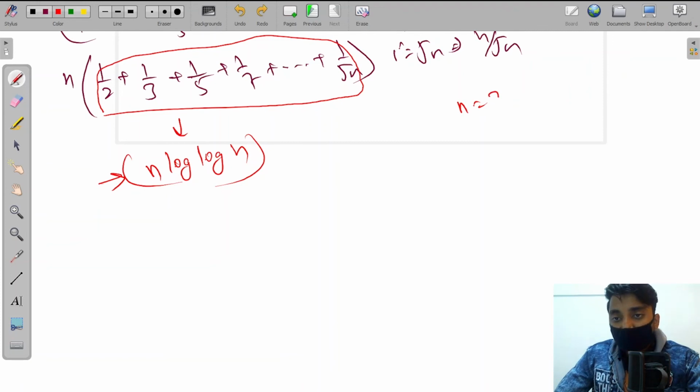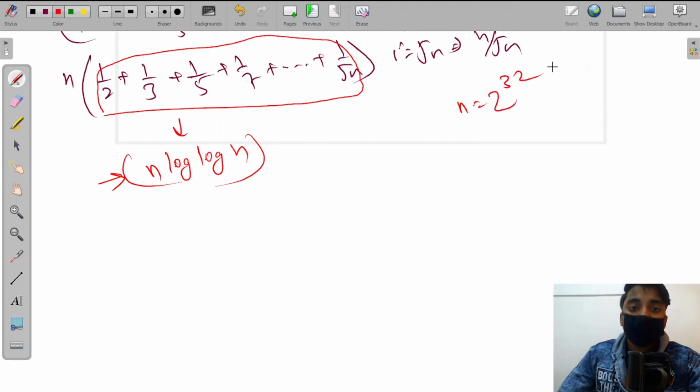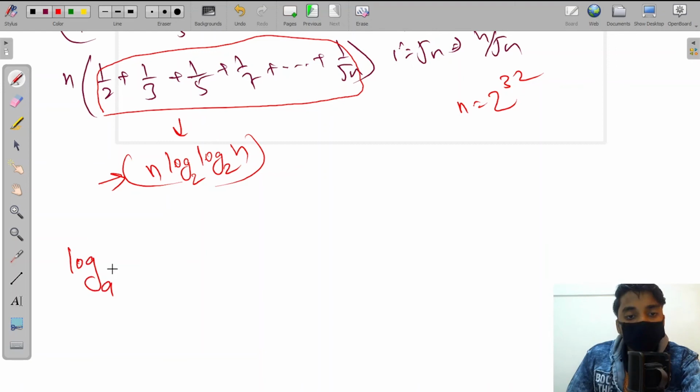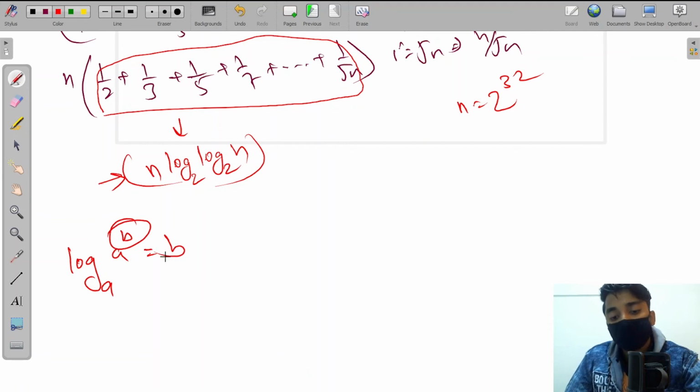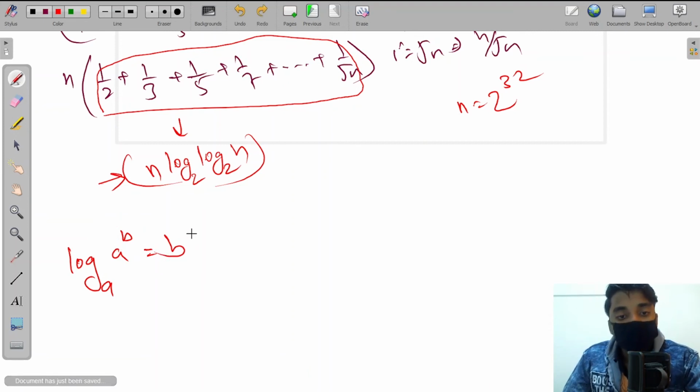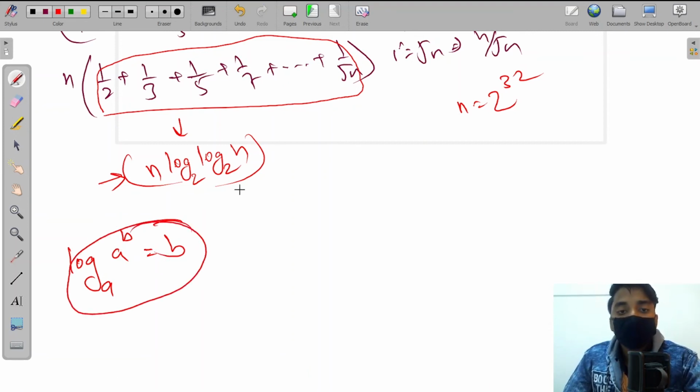So here I am taking n is equal to 2 raised to the power 32. Here the log is of base 2, and there is a formula for log base a of a raised to the power b. This is equal to b. Now we will use this formula.